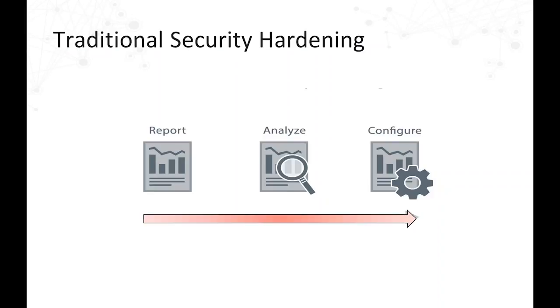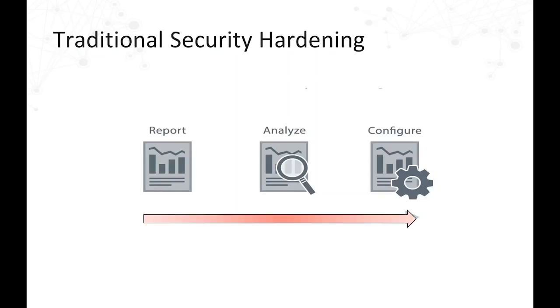And if they're not correct, then you have to move to step 3 so that they're correct. So you start on the first day of the month, you report, analyze, and configure, and by the last day of the month, you have analyzed and configured all the settings on all 1,000 servers, and on the last day you're done. And you walk away knowing that Active Directory and your Windows servers are secure.